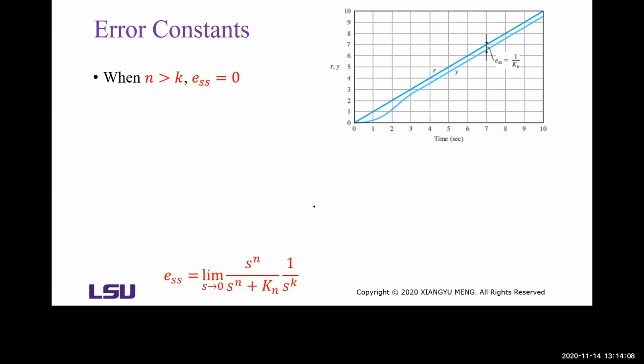Now we can summarize the result. When n is greater than k, in this case, we have 1 over s^n plus K_n, times s^(n minus k).